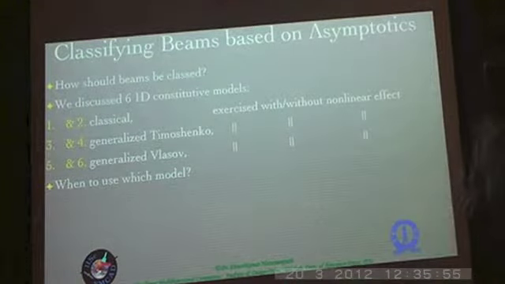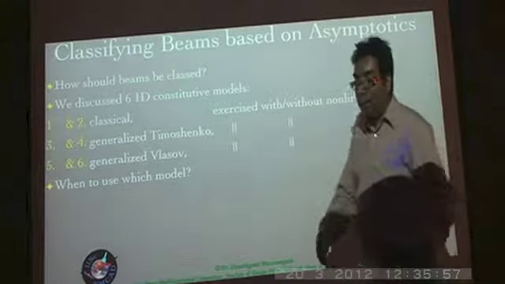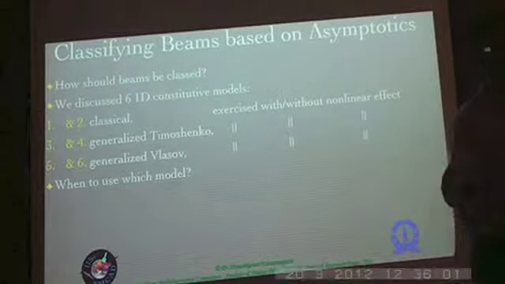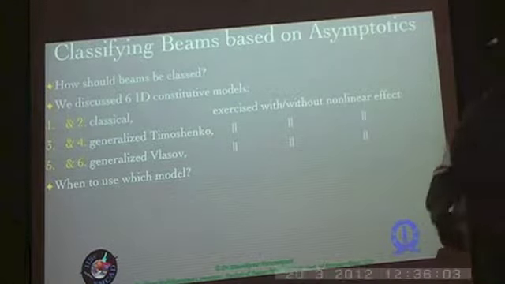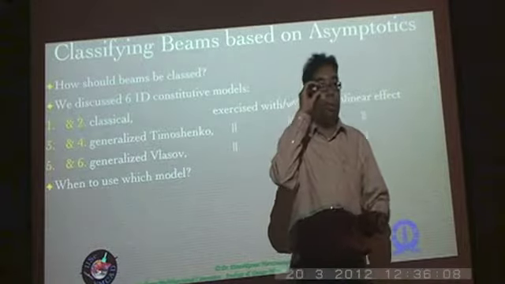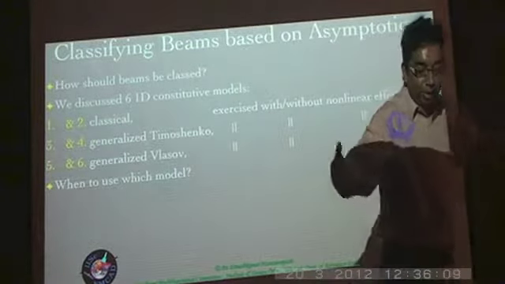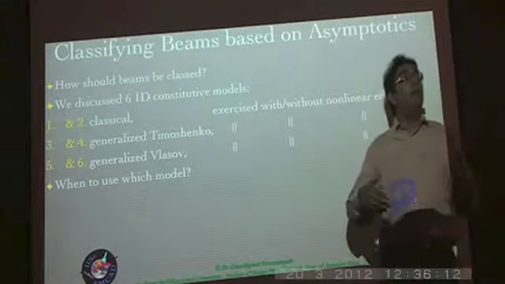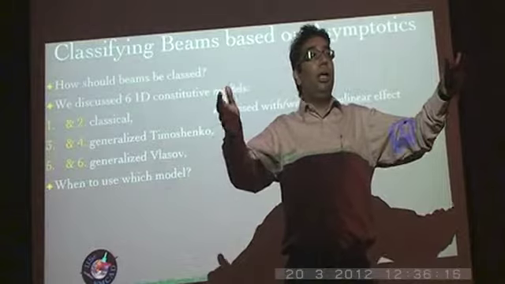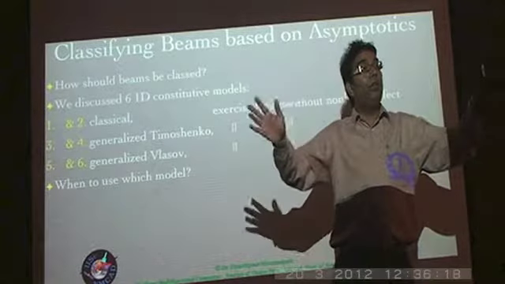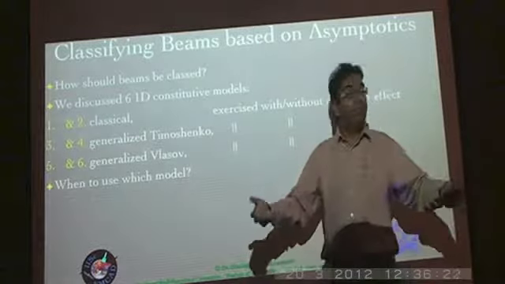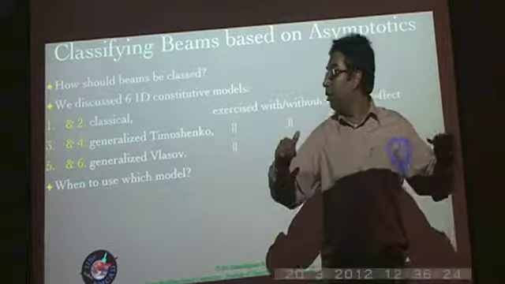So when to use which model is actually dictated by the mathematics of the procedure itself, because to start with, for the derivation process, we have not only the energy but also the identification of small parameters, and depending upon what type of beam it is, we would have identified additional small parameters over and above the cross-sectional dimension divided by the length, which is common to all, and the small strain, which is common to all, unless you have hyperelastic materials, which can also be dealt with, and some of us are doing that.